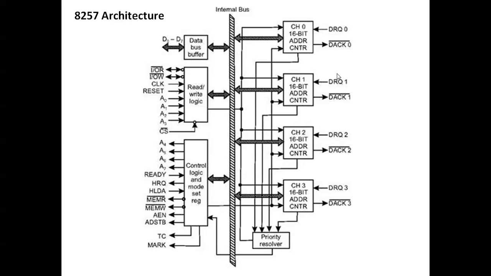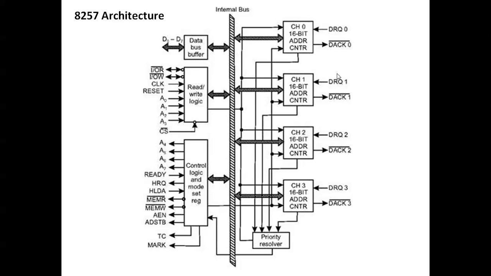Then there is a priority resolver. When several request at a time, it decides which to serve. The highest priority is given to 0, then 1, 2, 3 like that.